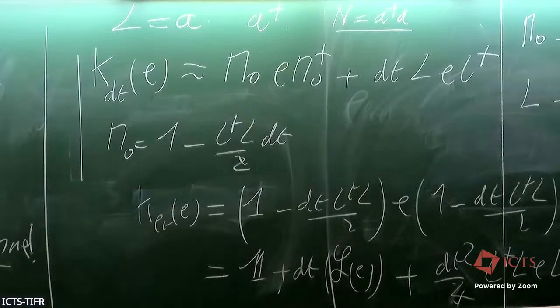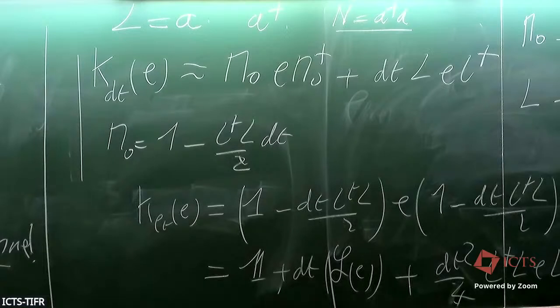Okay. So that was the diffusive equation. For the jump equation, you can do exactly the same thing. But in this case, I will assume that I have vacuum in the photon.